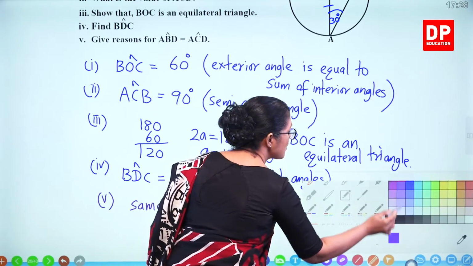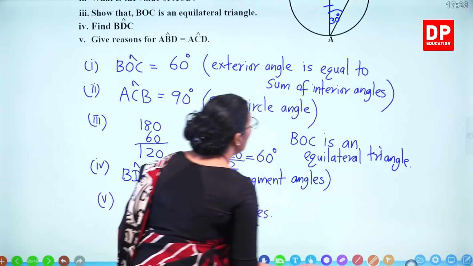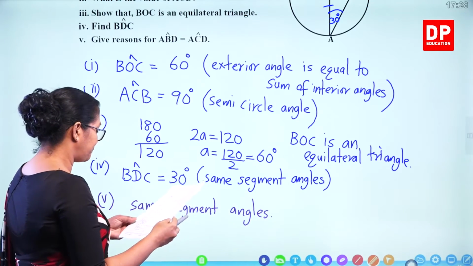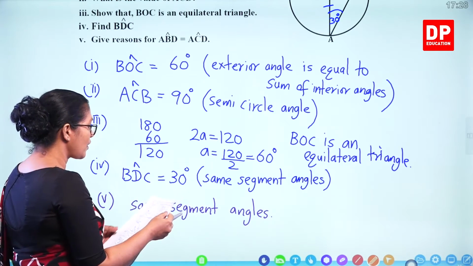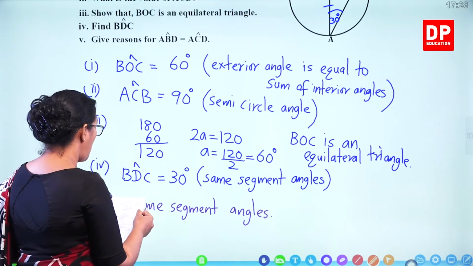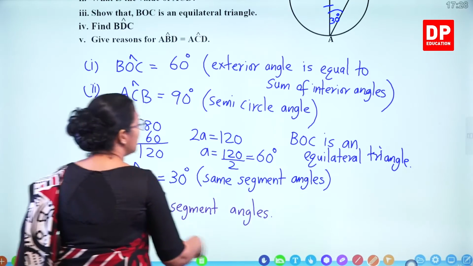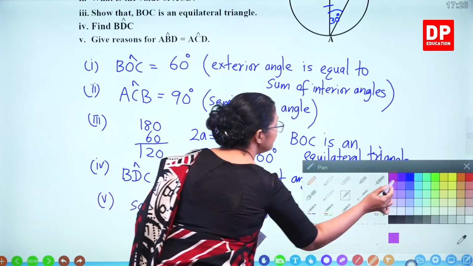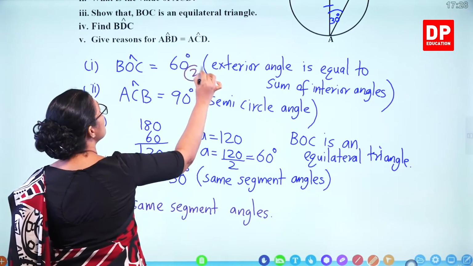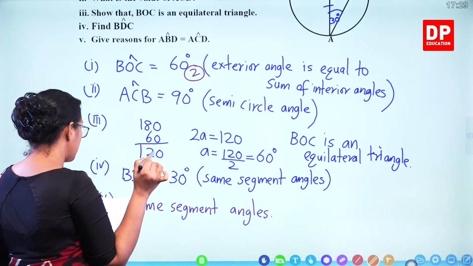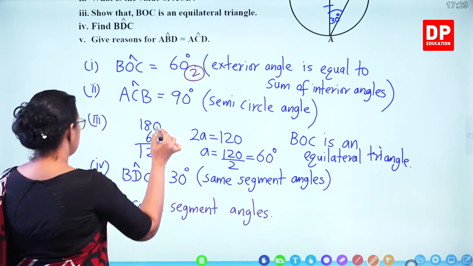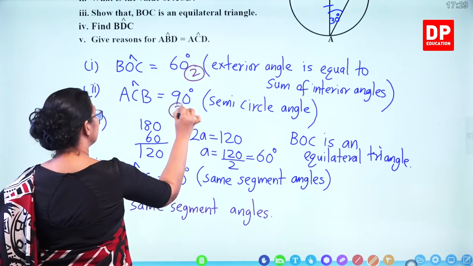Now we'll give marks for this question. So 2 marks for the first part, 60 degrees and 90 degrees, 2 marks.